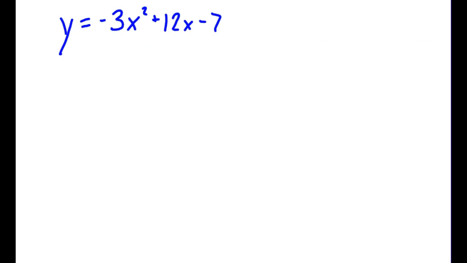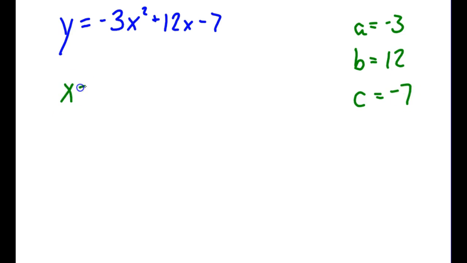Second example, again we're going to use the quadratic formula to solve this quadratic equation. Y equals negative 3x squared plus 12x minus 7. The a value is negative 3. B value is 12. And our constant is negative 7.